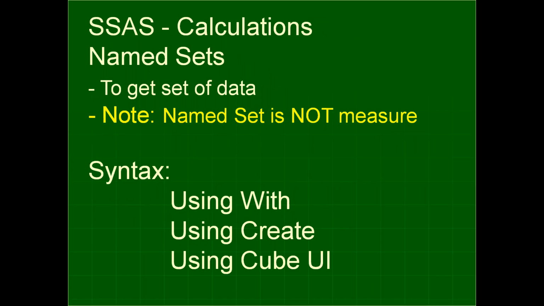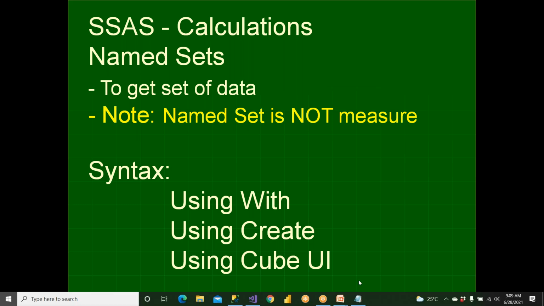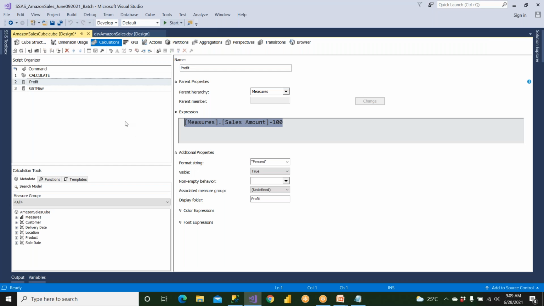Now the next one is called, I wanted you to understand, named sets. So when you go here, one is that we can create a calculation. This is a new calculated member, which by default is a measure. When you click on this, it is a numerical value. Clear? But when you go here, it is not a numerical value.